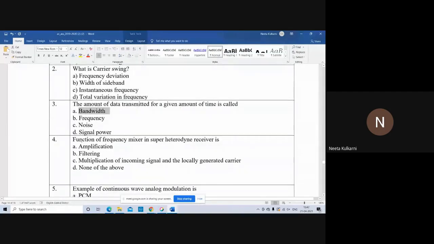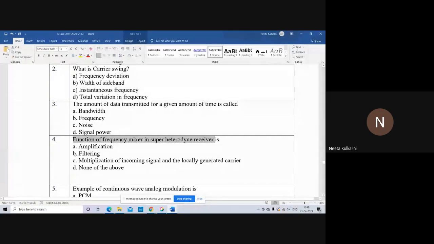Then next, you now give the answer. Function of the frequency mixer in a superheterodyne receiver is. What is the function of the mixer in a superheterodyne receiver? Amplification? Does amplification happen in the mixer of a superheterodyne receiver?